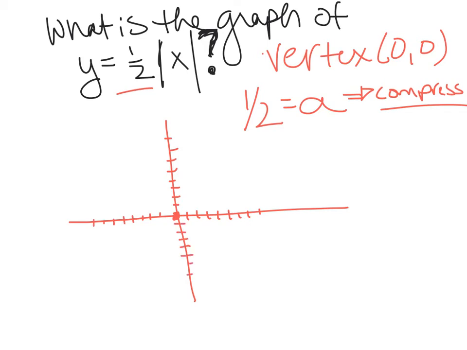So if normally I would have my first point at (1, 1) on the parent function, I'm just going to use the slope of 1/2: up 1, over 2, and there's my first point. Up 1, over 2, there's my second point. And I would go over and back as well, because it should be symmetrical.